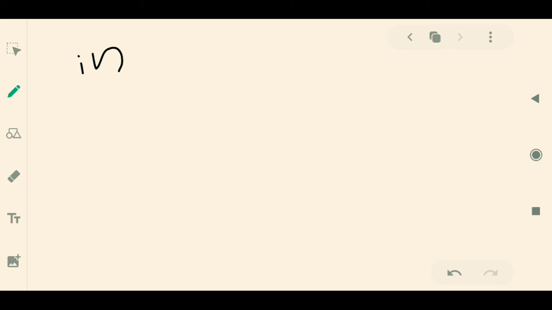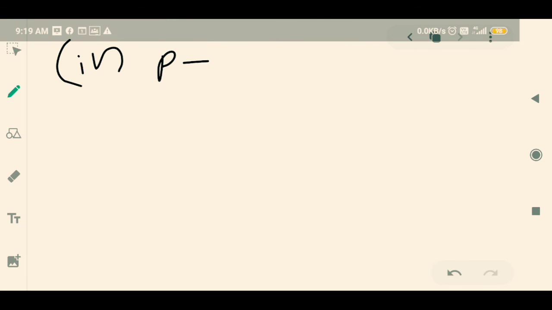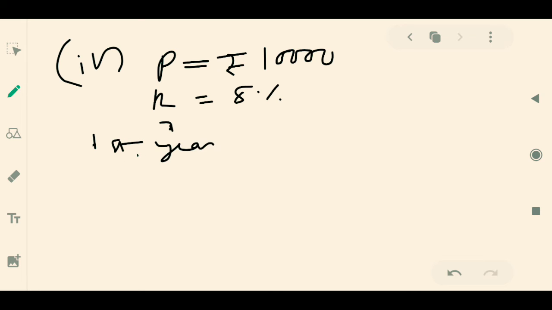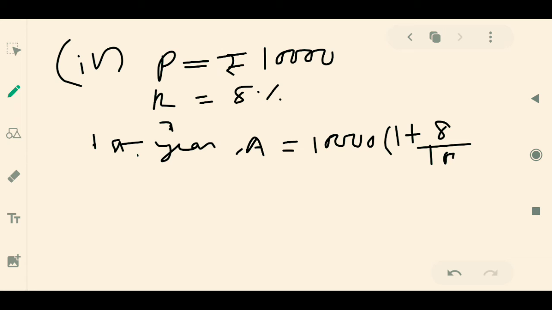So number 4, you can see the amount of money in the account every year when rupees 10,000 is deposited at compound interest, 8% per annum. So this one, if I apply the compound interest formula, here 10,000 rupees is given and the rate of interest is 8% per annum. For the first year, the amount will be 10,000 into (1 plus 8/100) to the power 1.